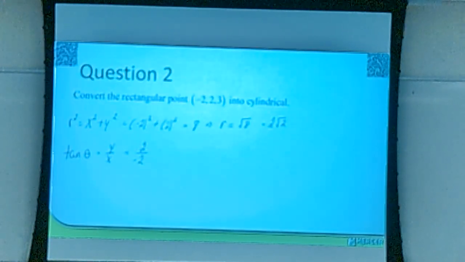Two over negative 2. What is the inverse tangent of negative 1? 3 pi over 4.